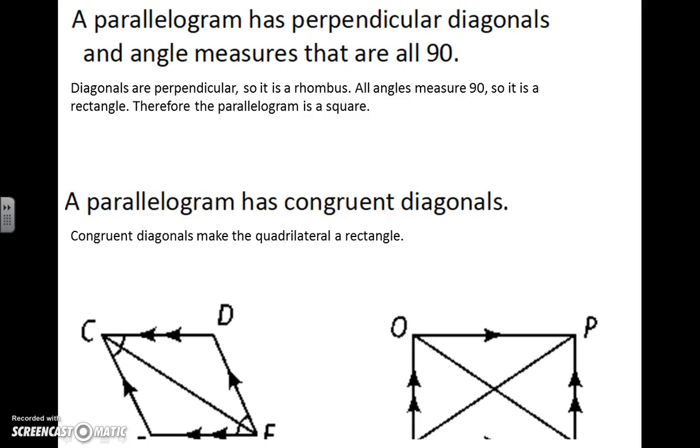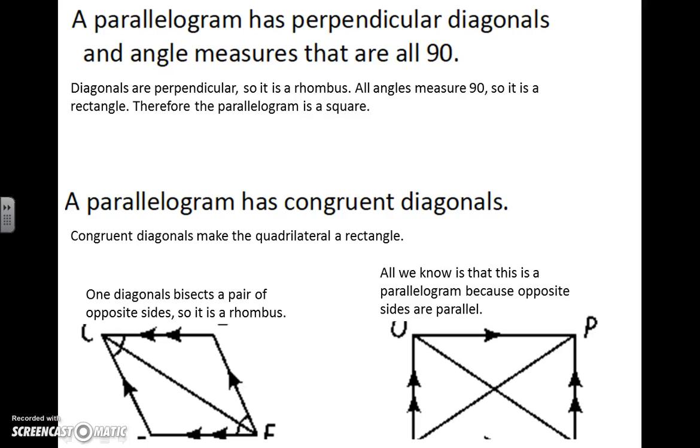Now looking at these next diagrams, I see that I have a parallelogram where opposite sides are parallel and a diagonal bisects the angle. Because one diagonal bisects the angle, that must be a rhombus. This one, I know it's cut off a little bit, but I see opposite sides are parallel. All we know is that it's a parallelogram because the opposite sides are parallel. We have no other information to go off of, so we can only classify it as a parallelogram.